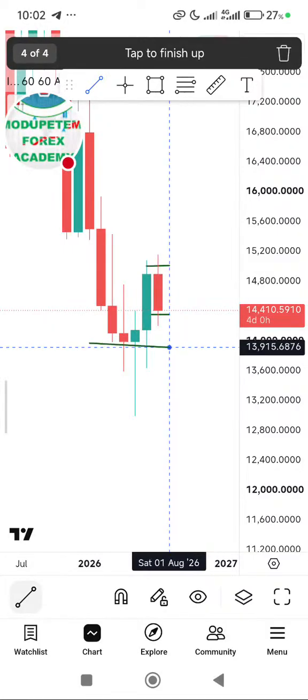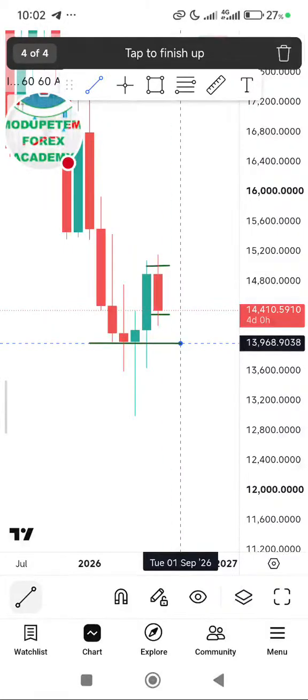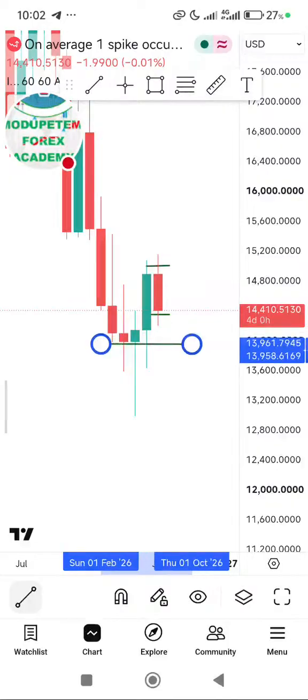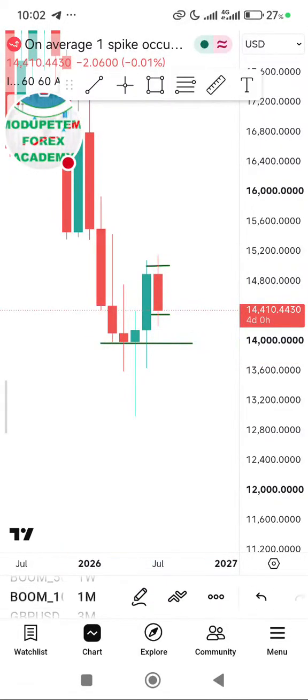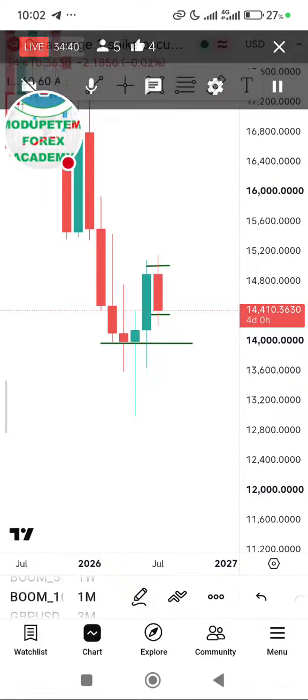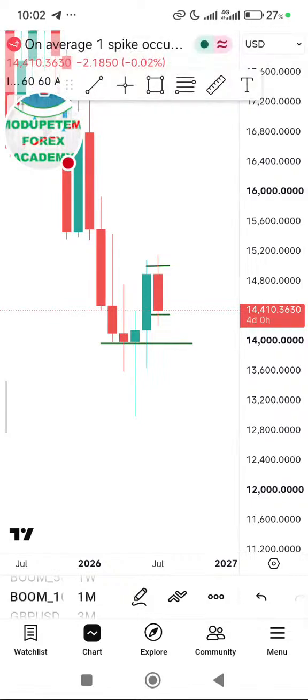Can you see this monthly time frame CRT? That is telling you overall we are bullish on Boom 1000 over the month.